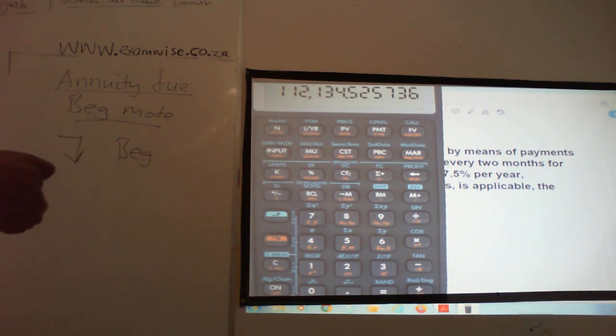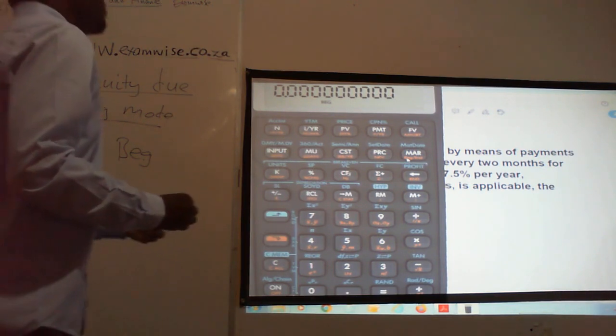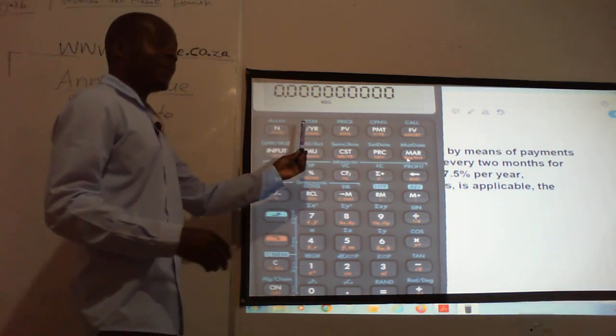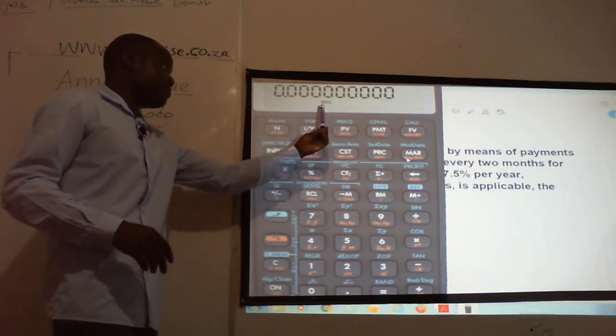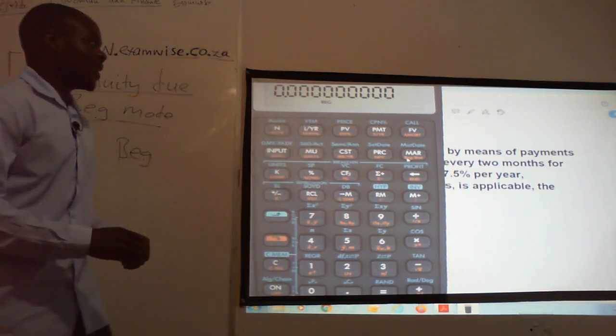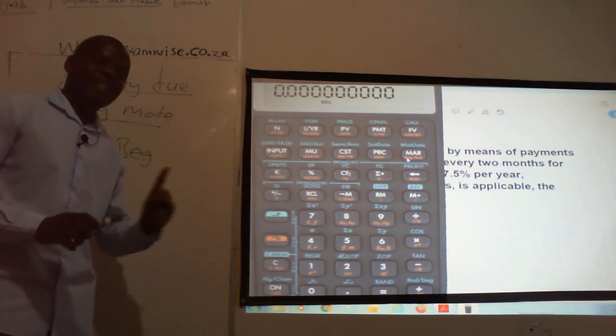Then our calculator will be in beginning mode. Let us start by clearing our memory. Once we clear our memory, we press the down arrow, then BEG. You are now seeing BEG on the display screen, meaning we are working in beginning mode.